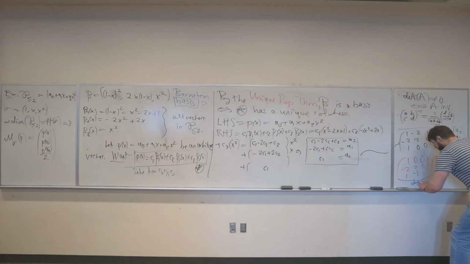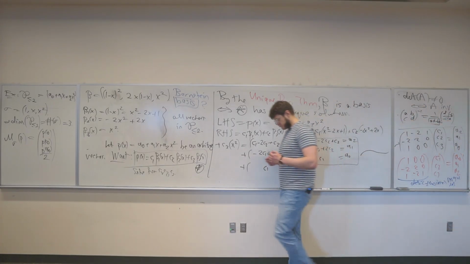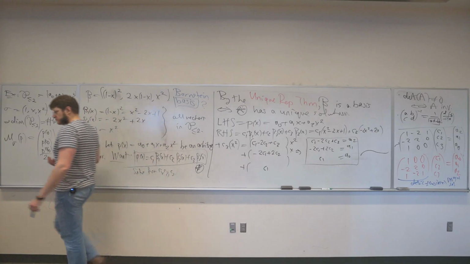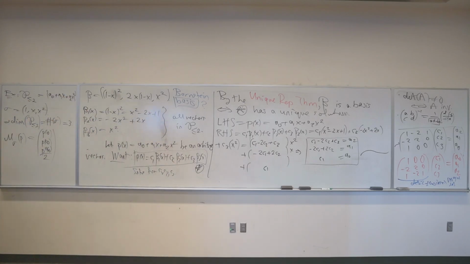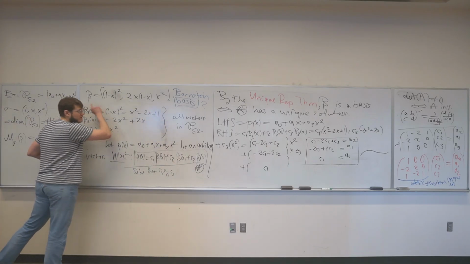This has determinant, product of the diagonal entries, not 0, invertible. So I can send it to the other side and get a unique solution. Consequently, this indeed is a basis.